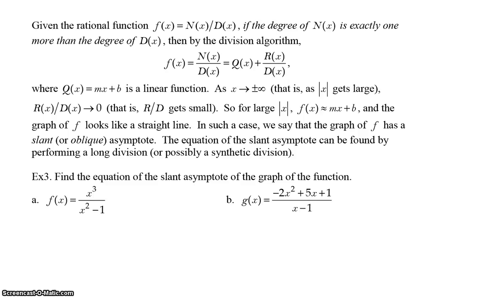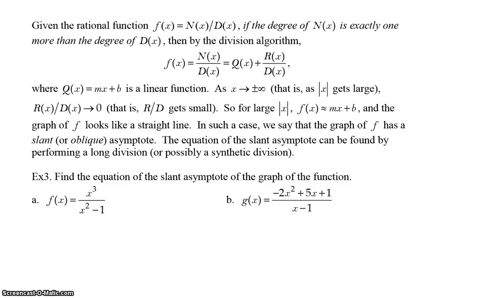What this means is that as x gets very large or very small, either approaching positive infinity or negative infinity, in other words, as its absolute value gets large, the fraction r of x over d of x, remainder over divisor, will get very small.